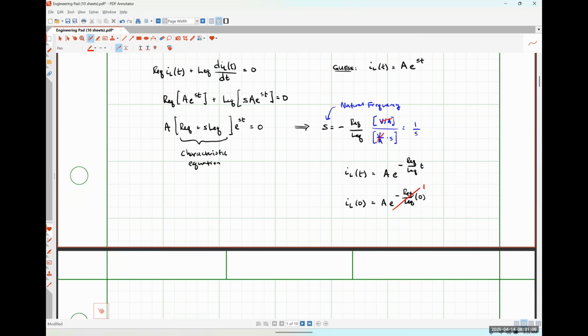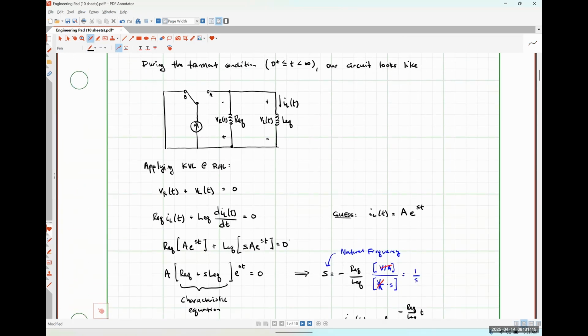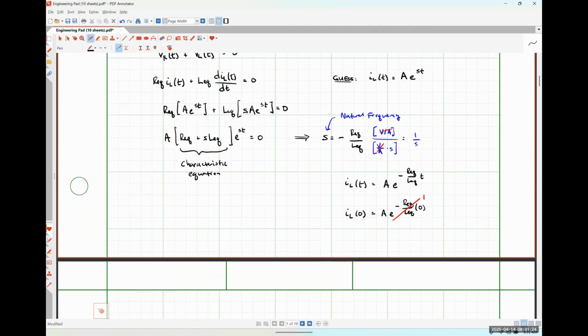I'm going to make a slight change here. Very, very slight. So I defined what's going on here during our transient condition to be from 0 plus beyond. So I'm going to replace that 0 with 0 plus here, simply because all of the circuit analysis and stuff that we've done to this point is only valid for t greater than 0 plus.